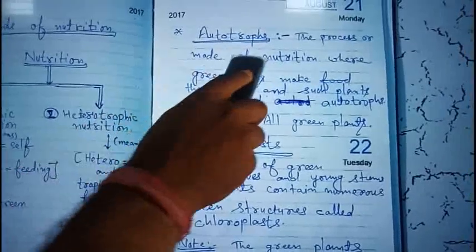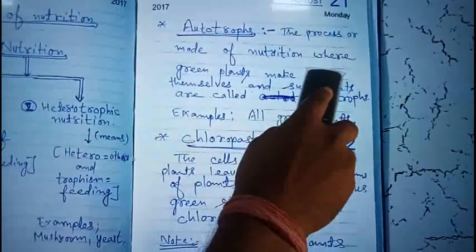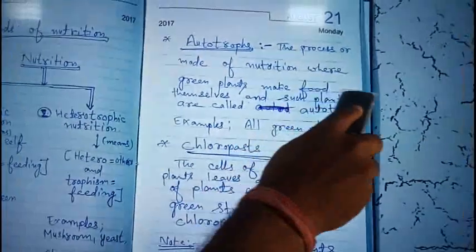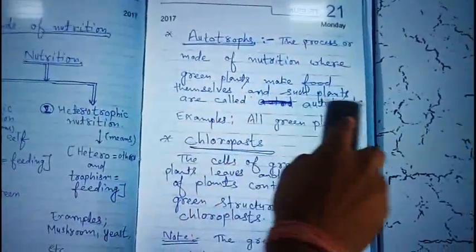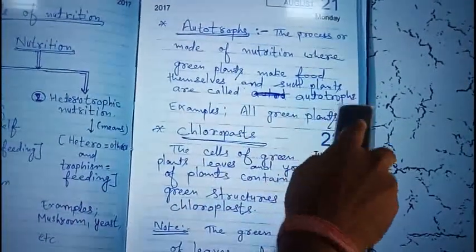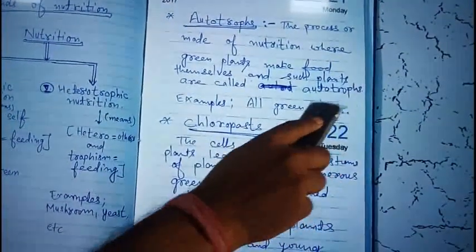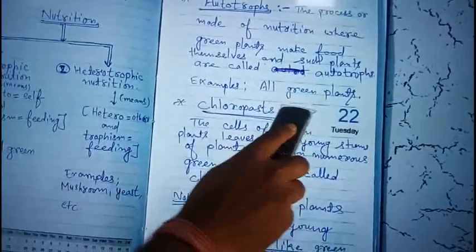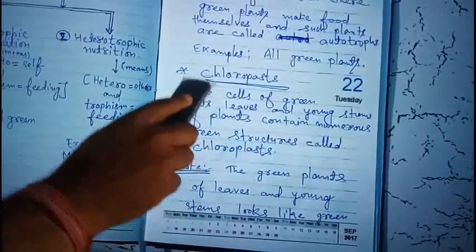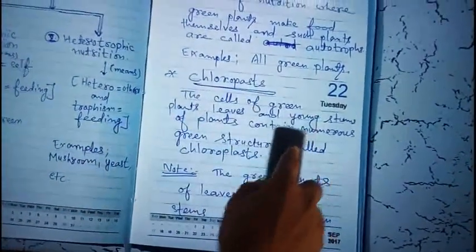We are going to talk about autotrophs. What are autotrophs? The process or mode of nutrition where green plants make food themselves, and such plants are called autotrophs. Example: all green plants. Next topic is chloroplast.